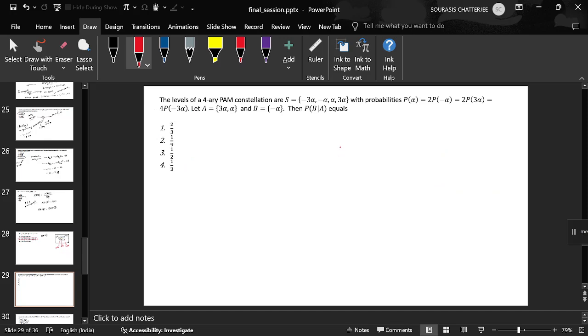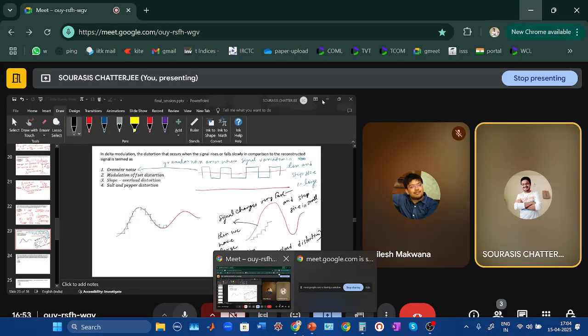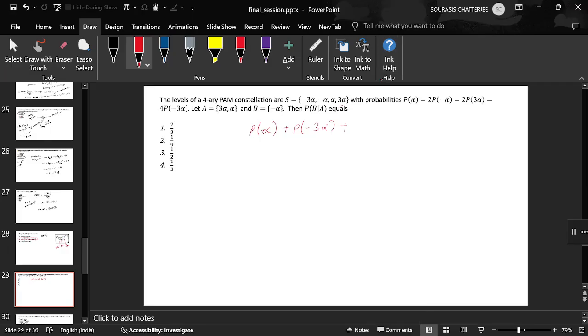This is about a 4-ary PAM constellation with different probabilities given, and A is this set and B is this. What is the probability? First I need to compute the probabilities. P of minus 3 alpha plus P of alpha plus P of minus alpha plus P of 3 alpha is equal to 1.